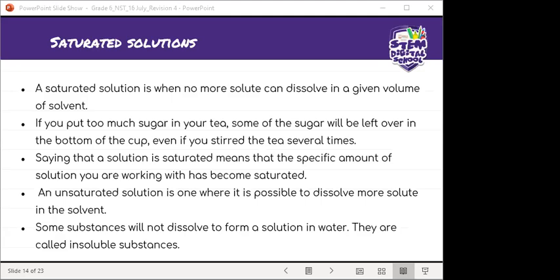Okay, so it would mix in water. It is soluble. Sugar is soluble. Remember, I said insoluble substance, something that will not mix in water. So Kamohelo, if we mix sugar in water, it will dissolve, all right?